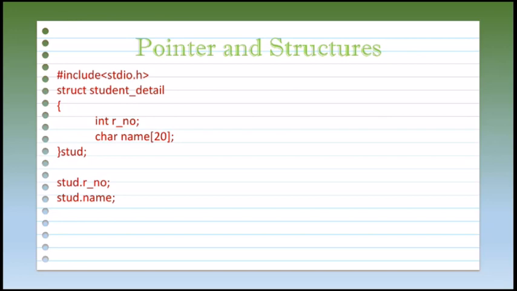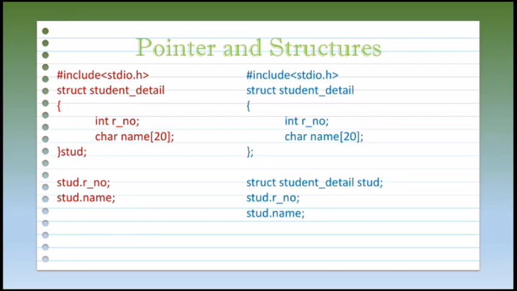There is another way we can declare a structure variable. If you look at this example, here we have declared a structure with the same name, student detail, and in that there are two elements, R number and name. But we have declared the variable outside the structure declaration.